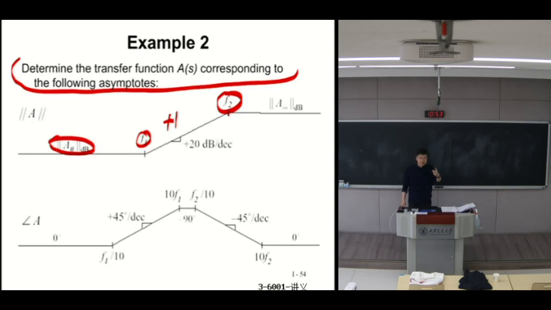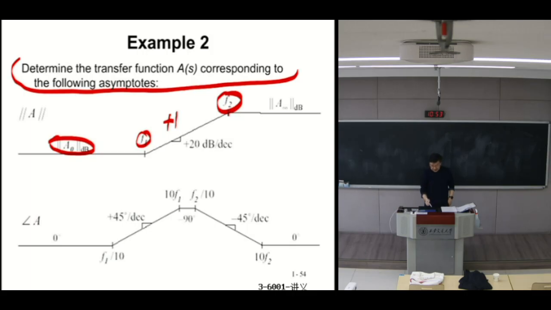And then there are two possibilities. It is either a normal zero, right? Normal zero has a low frequency flat, high frequency +1 slope magnitude Bode plot, or a right half plane zero, because the right half plane zero also has a low frequency flat, high frequency part at +1 slope.